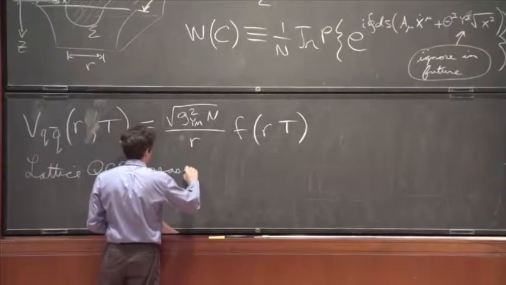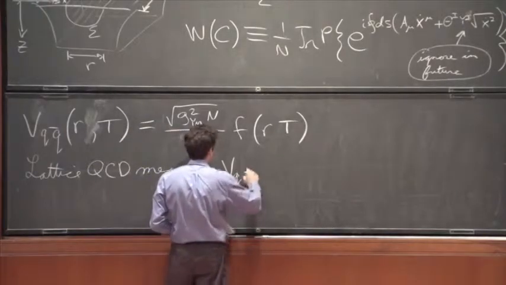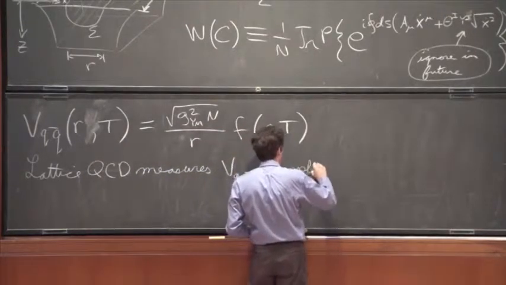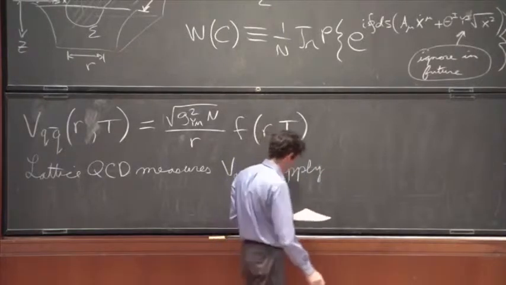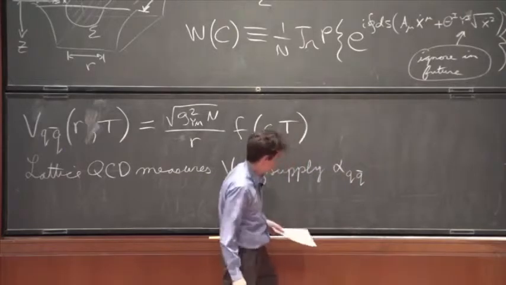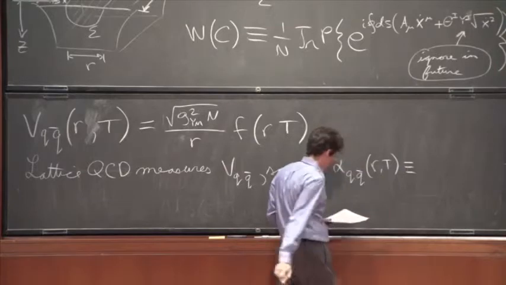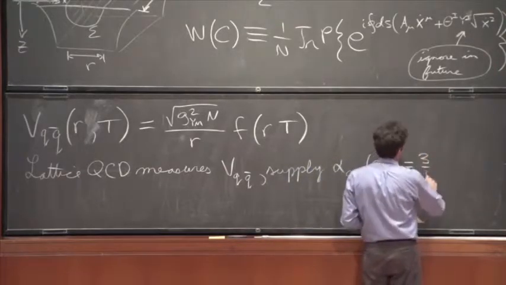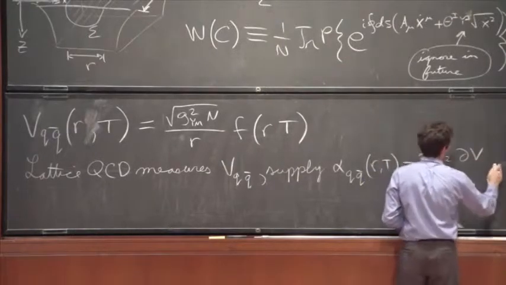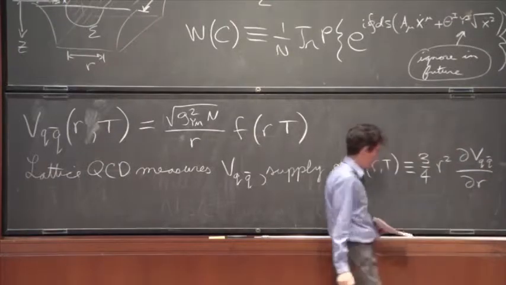So we might say, in summary, that they measure V_QQbar, and they usually quote it not in terms of V_QQbar itself, but instead in terms of something they call alpha_QQbar, also a function of r and T, and it's defined as 3/4 r squared times the derivative of V_QQbar times r.